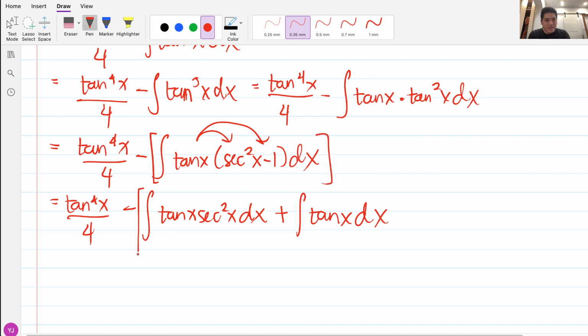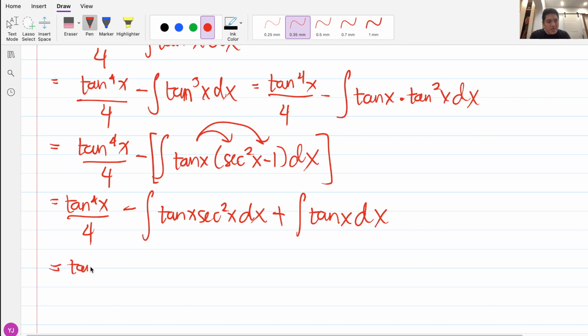So you'll be getting this with a minus here, because of the minus here. So if you distribute this, it would be negative, and negative of negative becomes positive. So just to be clear.